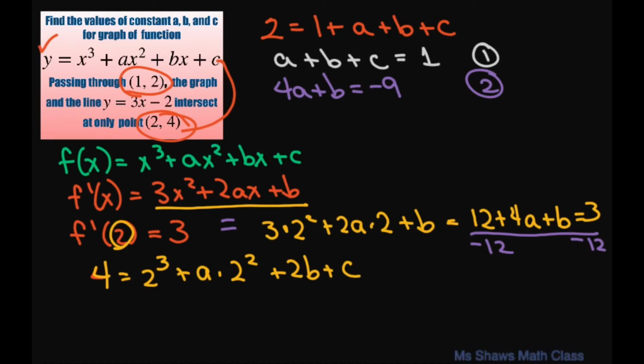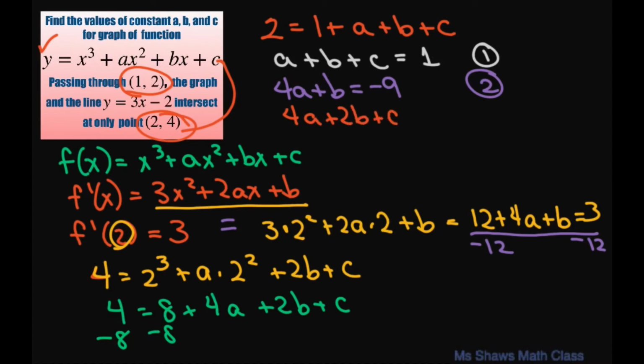This is going to be 4 equals 8 plus 4a plus 2b plus c. We can subtract 8 from both sides, and that gives me 4a plus 2b plus c equals negative 4. We're going to call this equation 3.